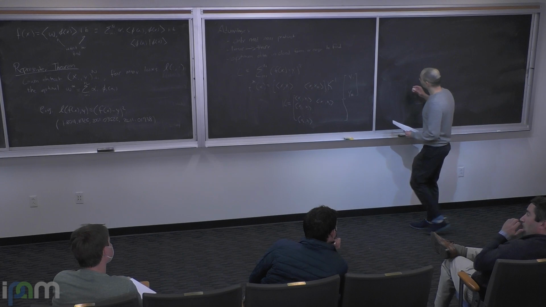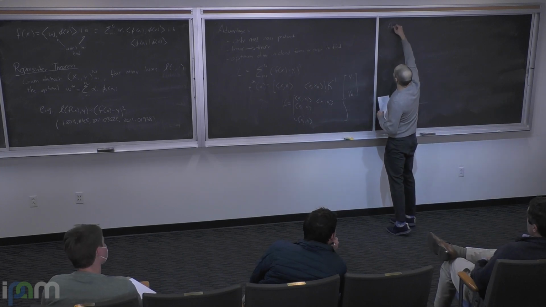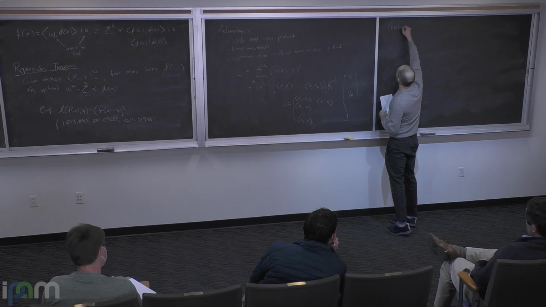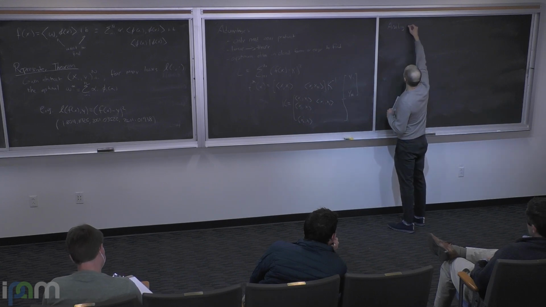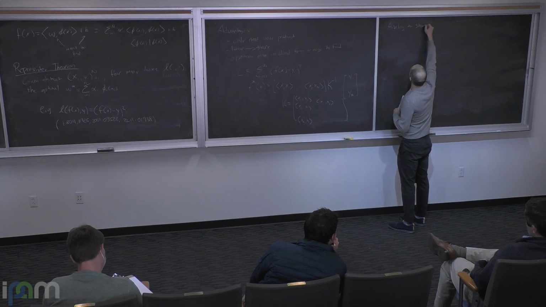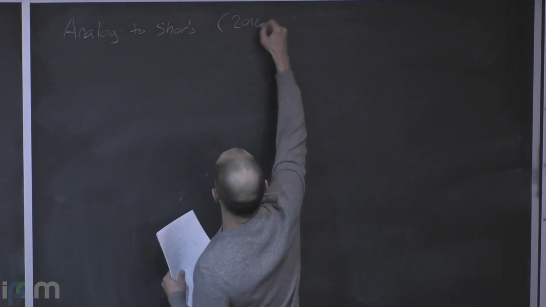Okay, so how did they prove the asymptotic speed up? This is a learning analog of Shor's algorithm. They take Shor's algorithm and make a learning problem out of it. The paper I'm going to go over is 2010 point.